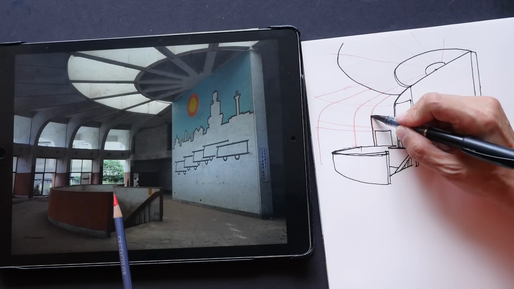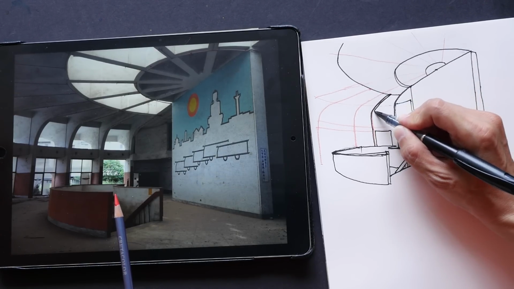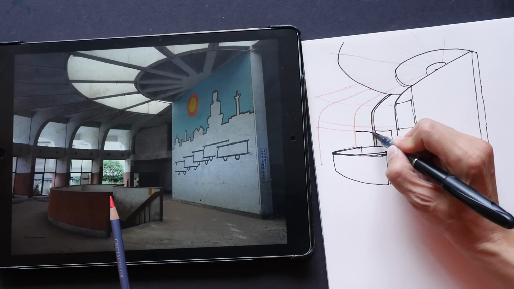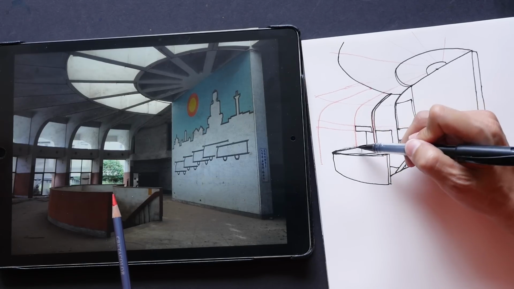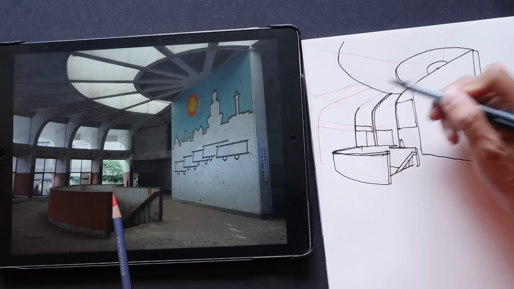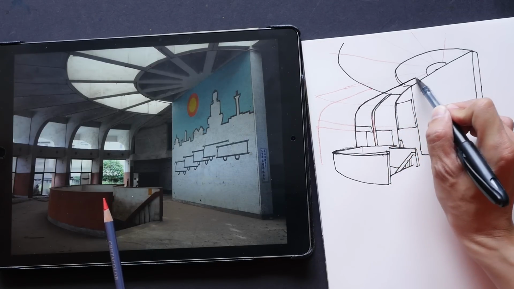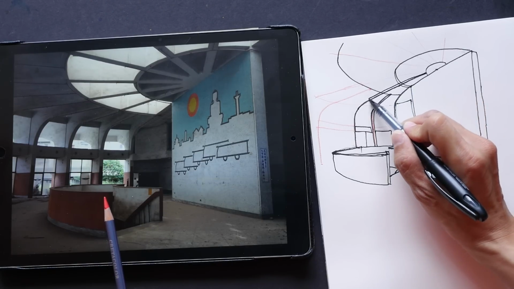It goes all the way up like this. Like this. So after you have the drafting lines, it's really very easy to just draw the structure.